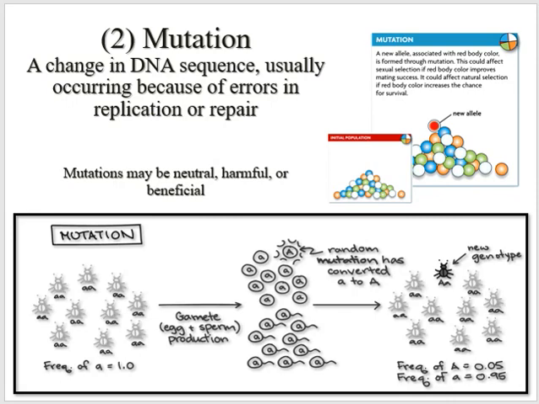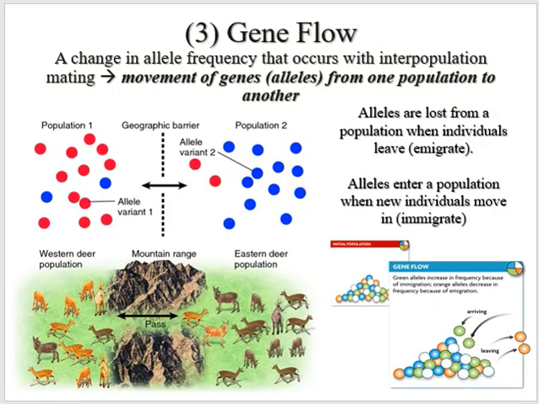All right, so let's move on to the third driver of microevolution, which is gene flow. Gene flow deals with a change in allele frequency that occurs when interpopulation mating occurs. So what? Interpopulation mating means that members from one population are mating with the members of another population.